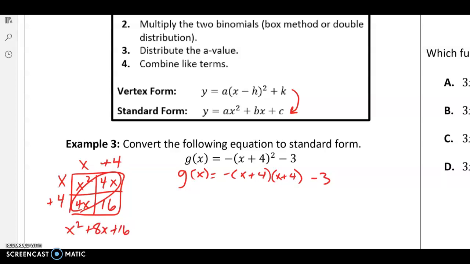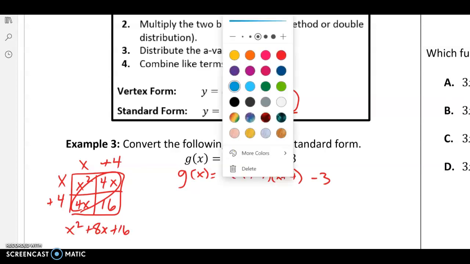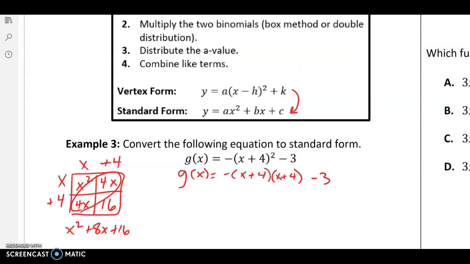So that's what we get when we multiply this together. Okay, so keep that in mind. That's what's happening here, and we're going to do that same thing. Okay, we just did it, so what we're going to do is the negative is still there, but instead of all of this, we're going to replace it with what we got when we multiplied them together.